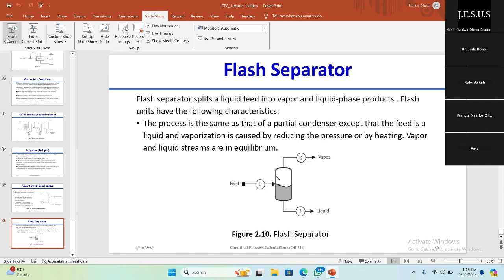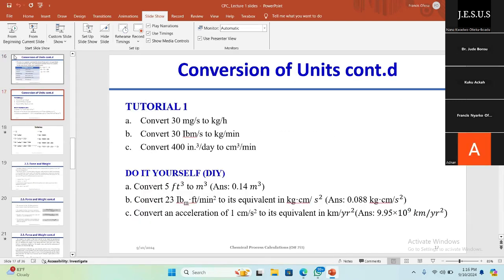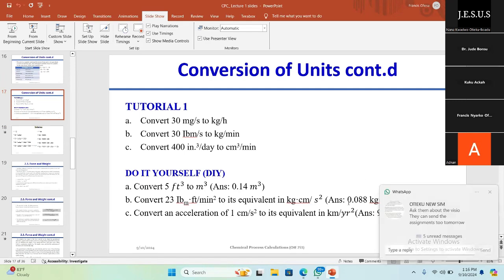You see how the gases tend to leave the liquid phase. That's how the flash separator works. So you drop the pressure and then the vapor leaves the liquid phase. So you get the vapor moving up and the liquid coming down. Yes, so do it yourself here. Try the A, B, and C, and then you can compare your answers for the flash separator.